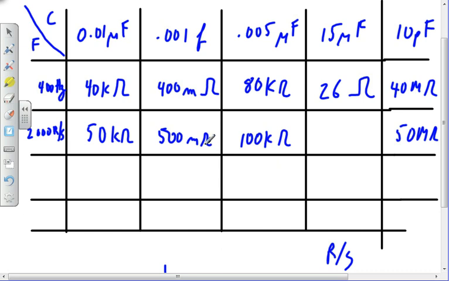Okay, so those are just direct relational type things. I don't have to necessarily put them in my calculator. But the next one I do. 1 divided by 2,000 divided by 15 E minus 6 equals, and 33 1/3. So we'll call it 33 ohms.